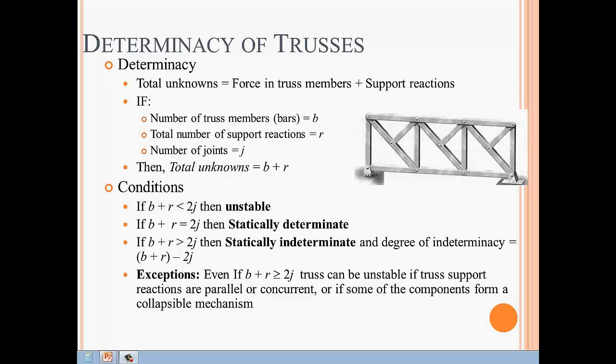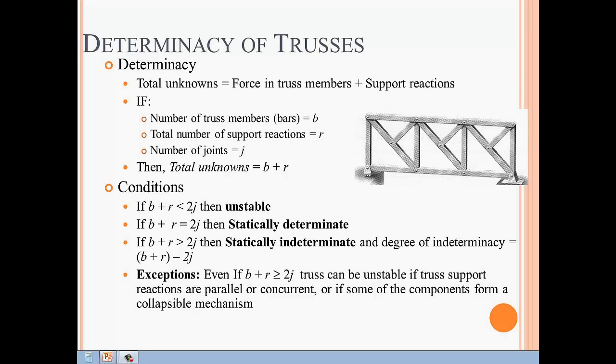And what are the available equations? As we assume each joint of the truss is a pin, that means the joint cannot support moment. It can support vertical reaction and horizontal, which means for each joint we have two available equations.